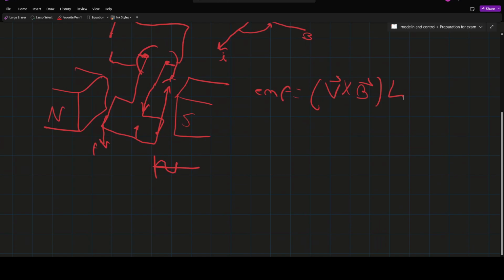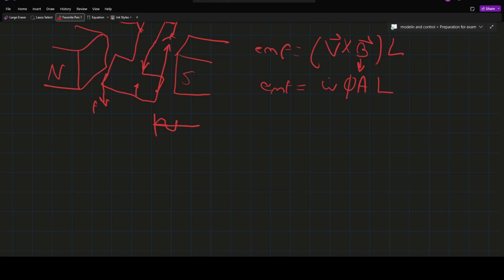Now if we translate this into rotational motion, our EMF is going to be, our velocity is going to be an angular velocity. We are going to have the B. We know that B, the field intensity, is expressed in flux over area, and we are going to have the length of the conductor.